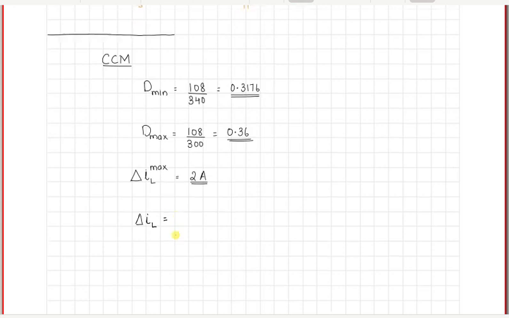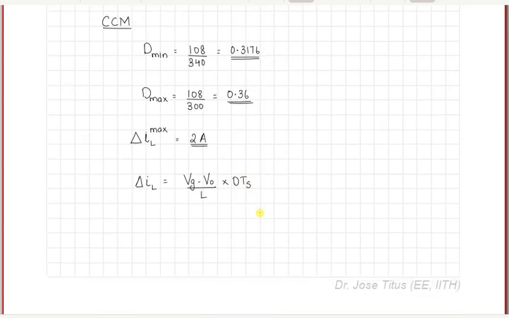So delta IL is given as the slope of the rising current, which is Vg minus Vo divided by L, times the duration for which the inductor current rises. So it is Vg minus Vo divided by L times dTs.